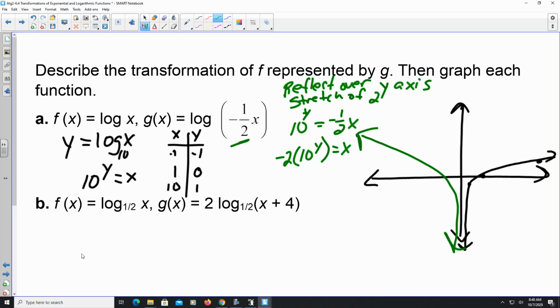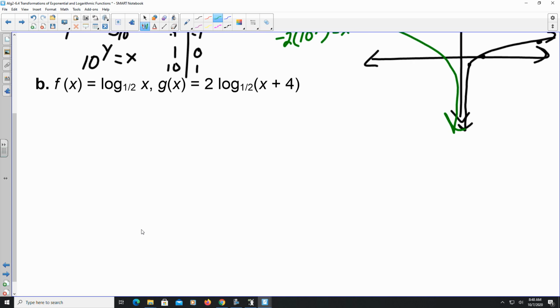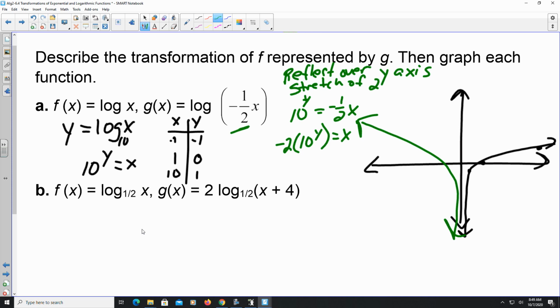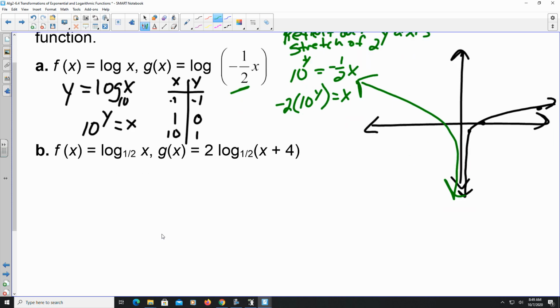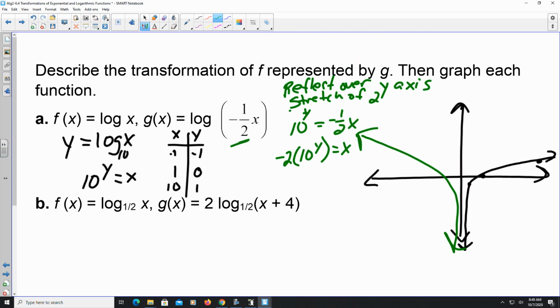Okay. And same idea, I'm not going to graph it, I'll just explain the transformation. Well, let me be clear about the stretch here. This is actually a horizontal stretch. Sorry about that.